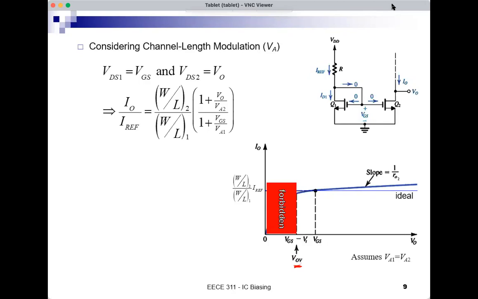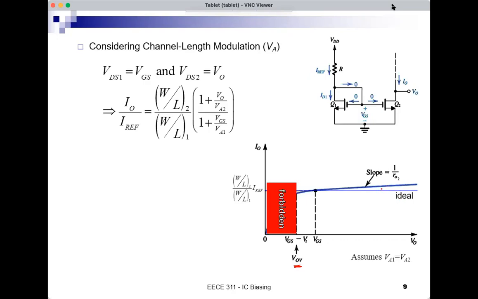And now let's compare the ideal here with what I get. This is almost like a straight line, and this is also a straight line. This has a non-zero slope, while this has a zero slope.